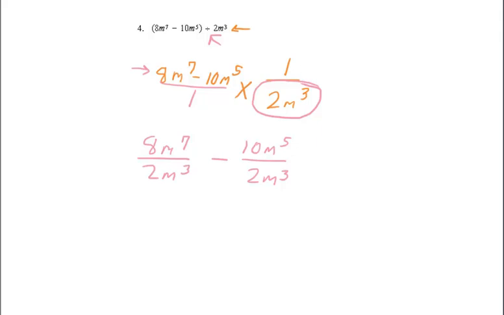Now it just becomes 2 goes into 8 4 times. And here we're just subtracting our exponents, 7 minus 3, so that leaves me 4m to the 4th minus, well, 2 goes into 10 5 times. And again, we're subtracting 5 minus 3, so m squared. And that's it for that one.